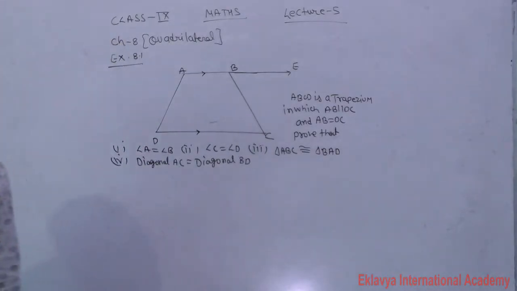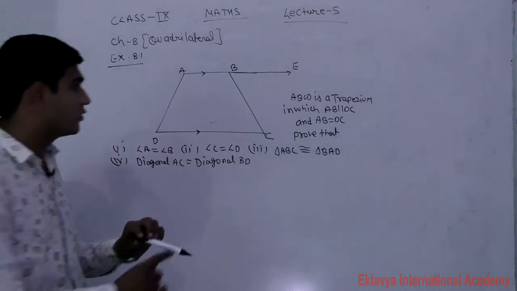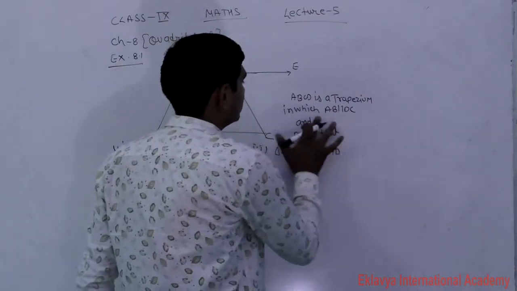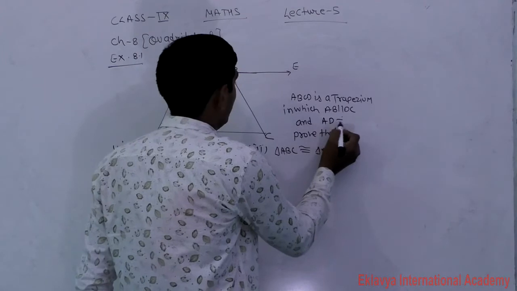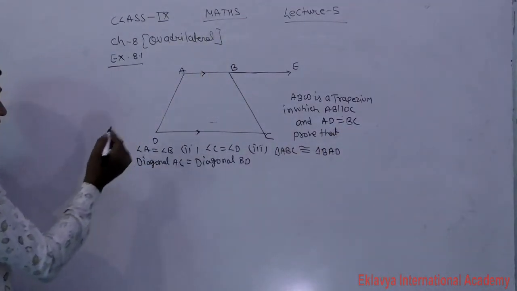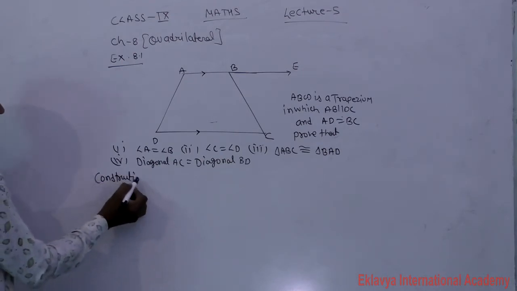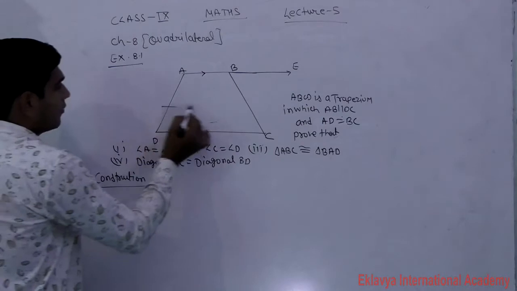So for that, firstly we will do the construction. Here given to you AD is equal to BC. So first of all we write the given, then we will write the construction.